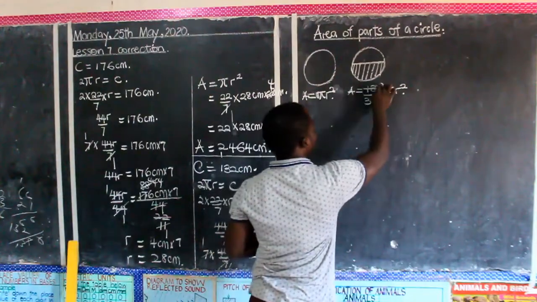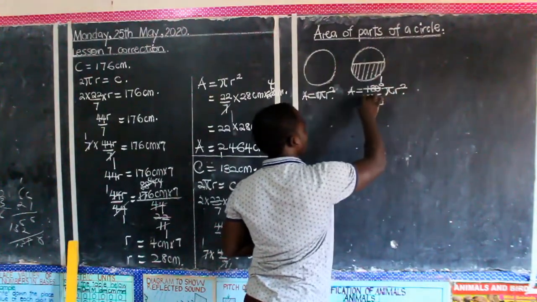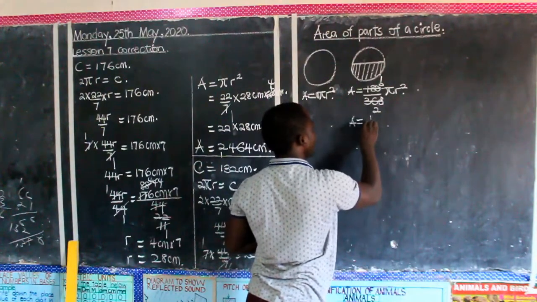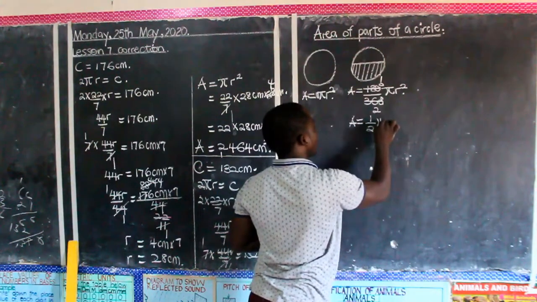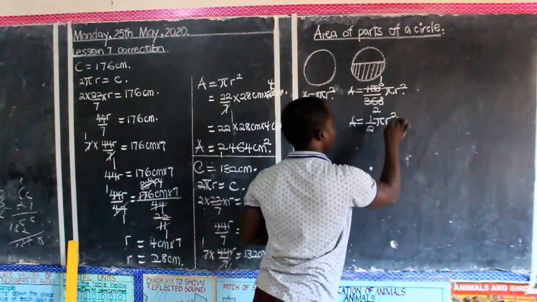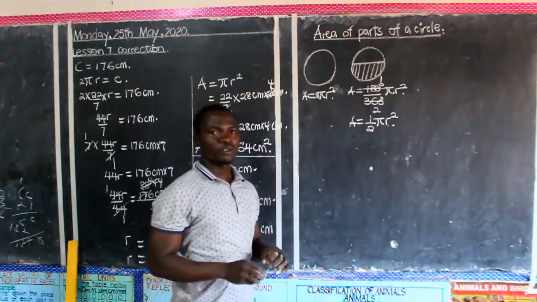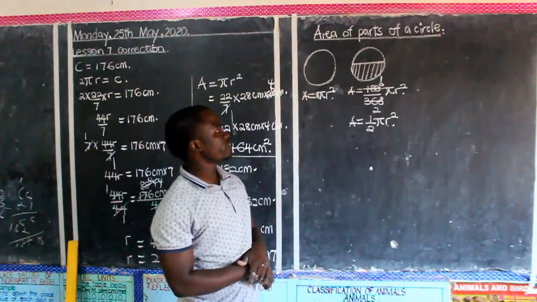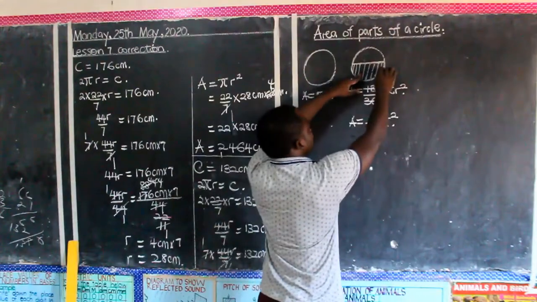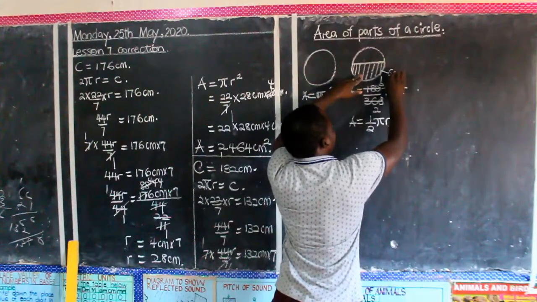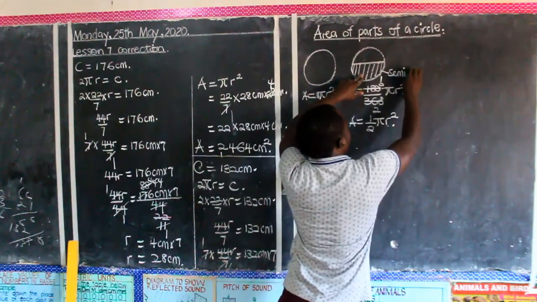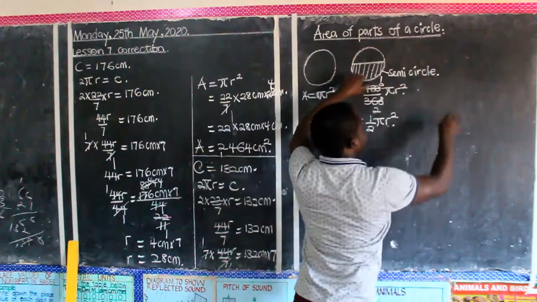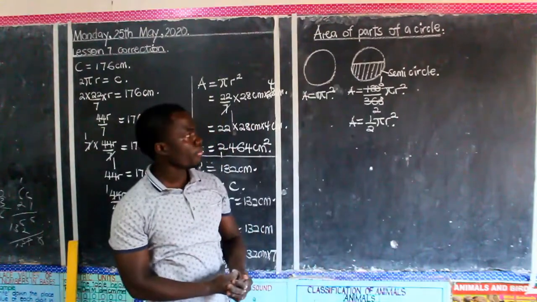When we simplify this by 180, once by 180, we get that the area of the semicircle is a half pi r squared. Okay? So that is the formula of finding the area of a semicircle. This shaded part here is the one we are calling a semicircle.